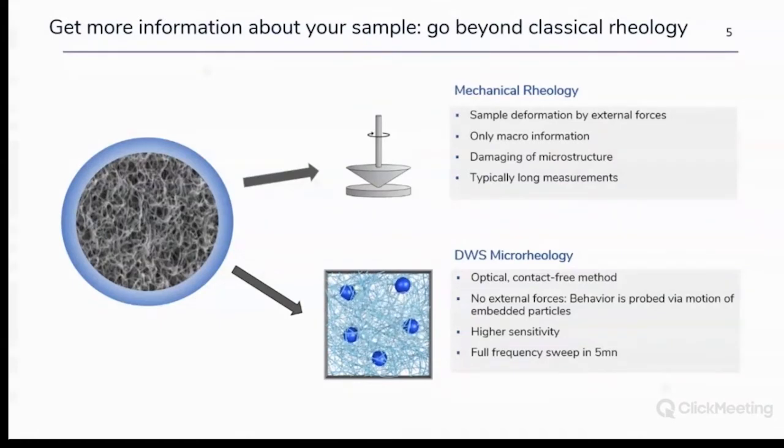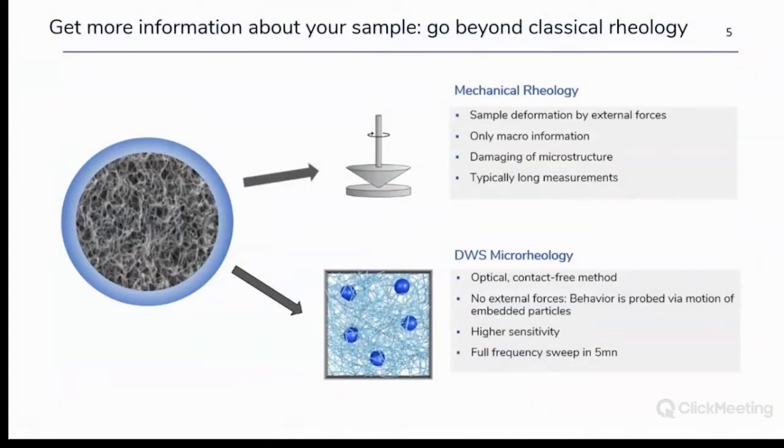The sample is subject to external forces, so we touch our sample. We obtain macroscopic information about the sample, but the problem is that by deforming our sample with external forces, we risk damaging the microstructure, which is the feature that we want to assess and measure.